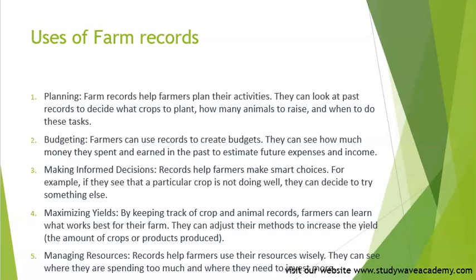Four, maximizing yields. By keeping track of crop and animal records, farmers can learn what works best for their farm. They can adjust their methods to increase the yield, the amount of crops or products produced.